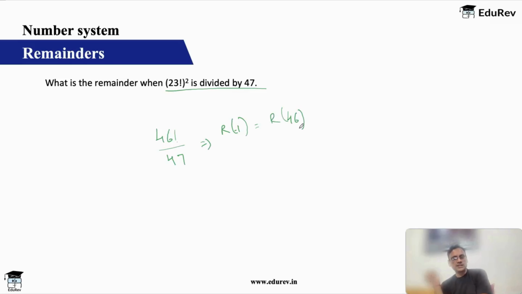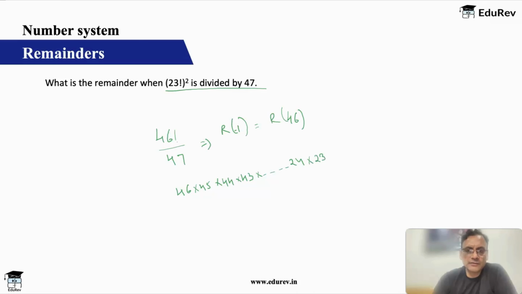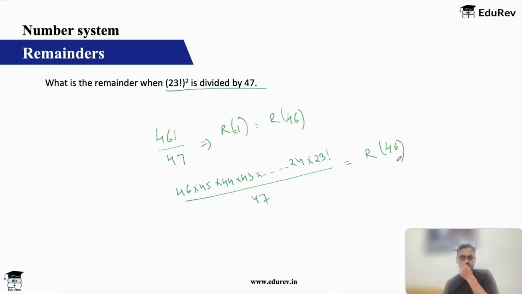Okay, so 46 factorial, if I start opening it, it will be 46 into 45 into 44 into 43 up to 24 into 23 factorial upon 47. It gives me a remainder of, right, this is what I have.